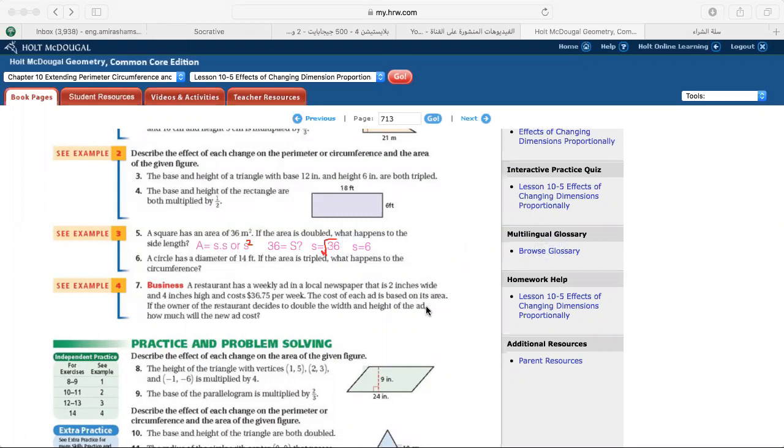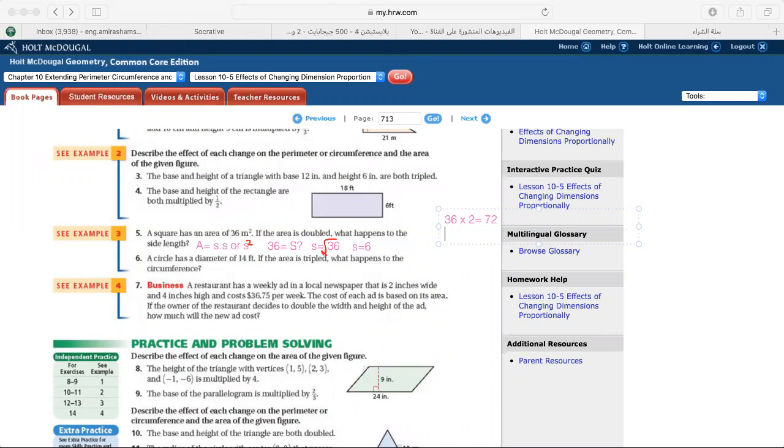What happens if the area is doubled? If the area is doubled, it will be 36 multiplied by 2, which is equal to 72. I want to get the square root of 72 to know the side, because we said that if I want to know the side, I get the square root of the area.